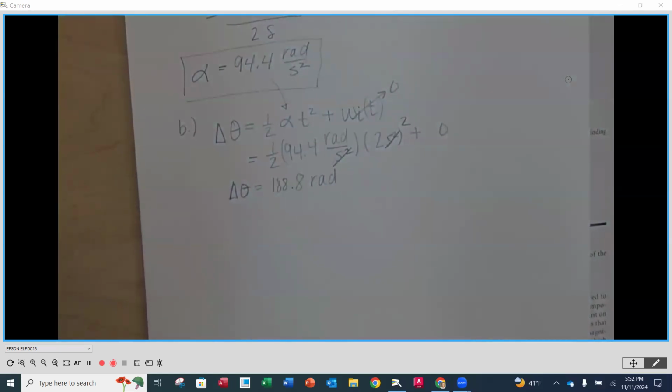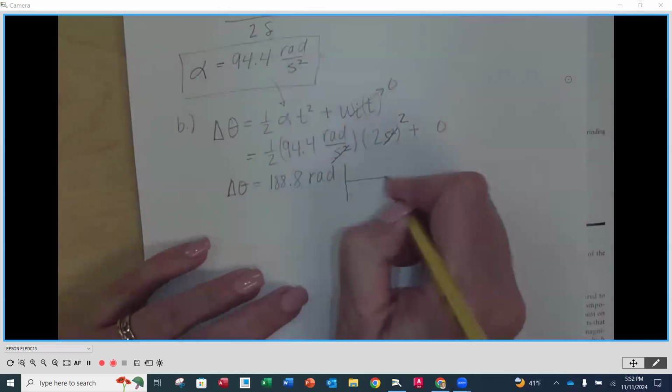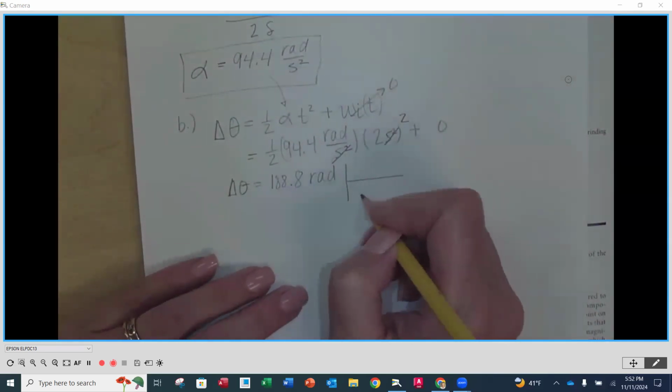Now the problem says that we want to know it in revolutions, which does make sense because you can relate more to revolutions. We care about radians, right? But they're not relatable. You can't feel it. But revolutions, you have a better idea of what that means. So we want to convert this final answer then to revolutions.